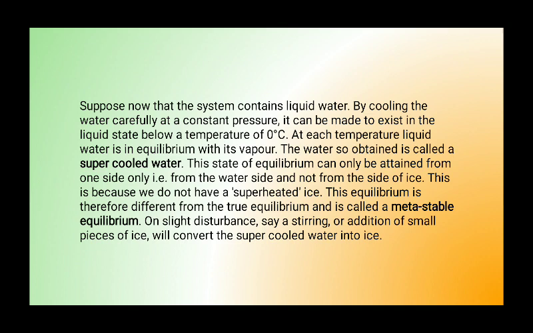This state of equilibrium can be attained from one side only, that means from the water side and not from the side of ice, because we do not have superheated ice. This equilibrium is therefore different from the true equilibrium and is called metastable equilibrium. On slight disturbance, say stirring or addition of small pieces of ice, the supercooled water will be converted into ice.